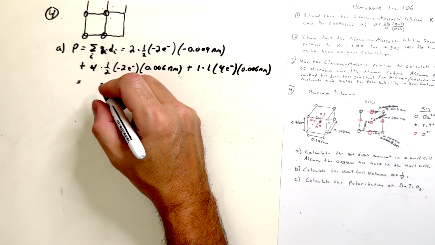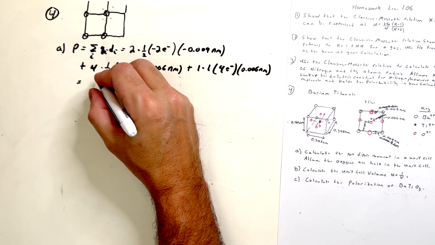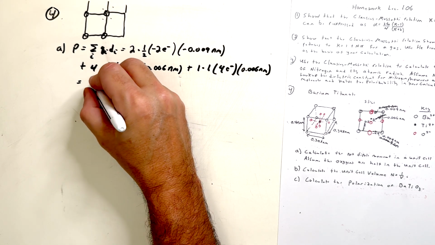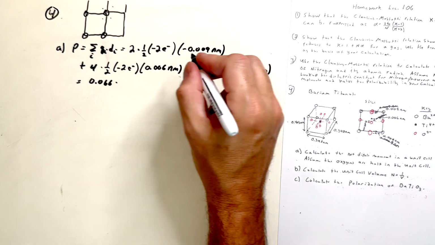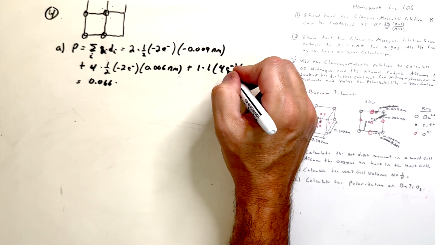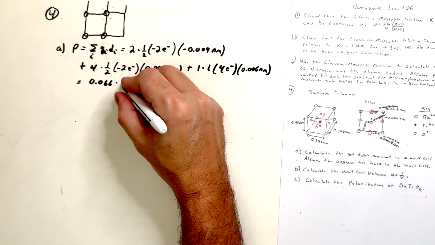And if we add that all up, we're going to get basically 0.066. Now we have to take and then times the electron charge, and this is in nanometers. So let's get it in meters and also put the charge back in.